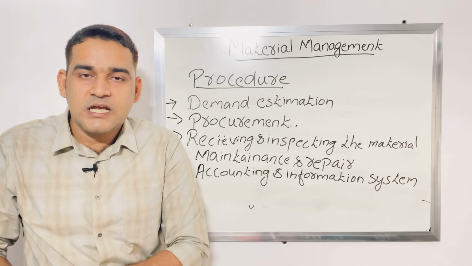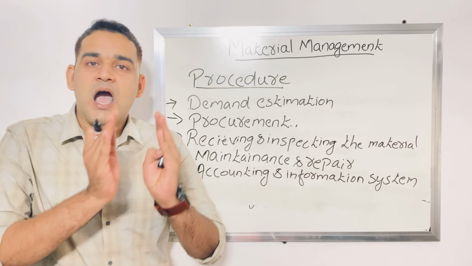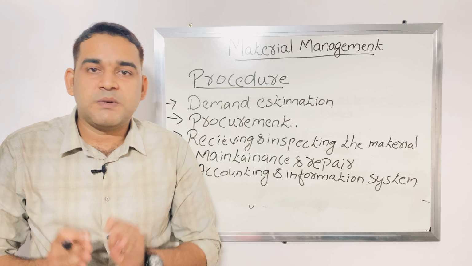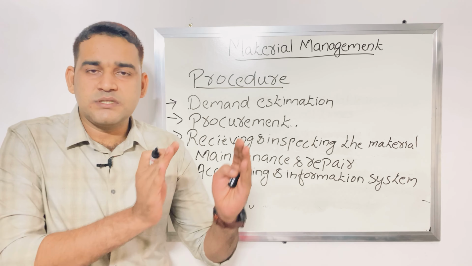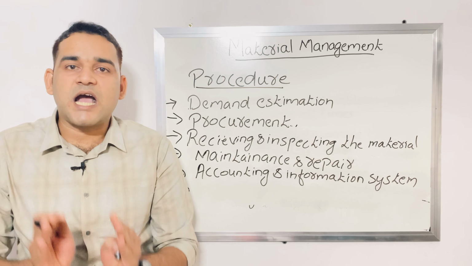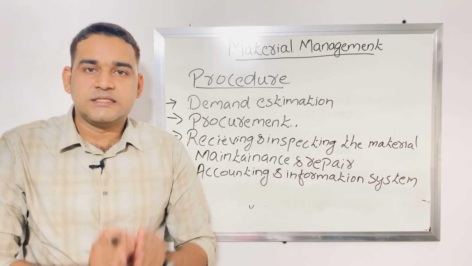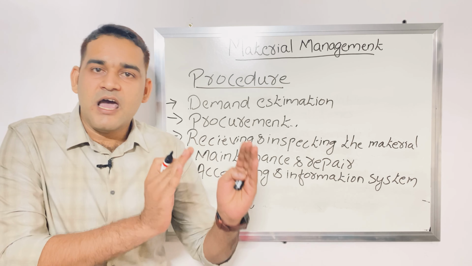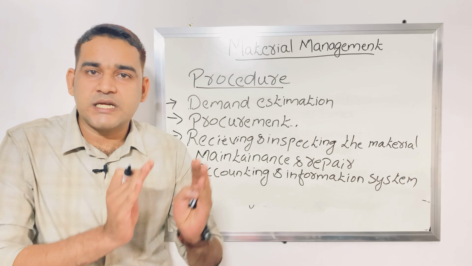And information is related to maintenance of the record in digital form using the computer. This much amount we have spent and these are the items that we have in our stock. We have to maintain the register. That is accounting and information system.